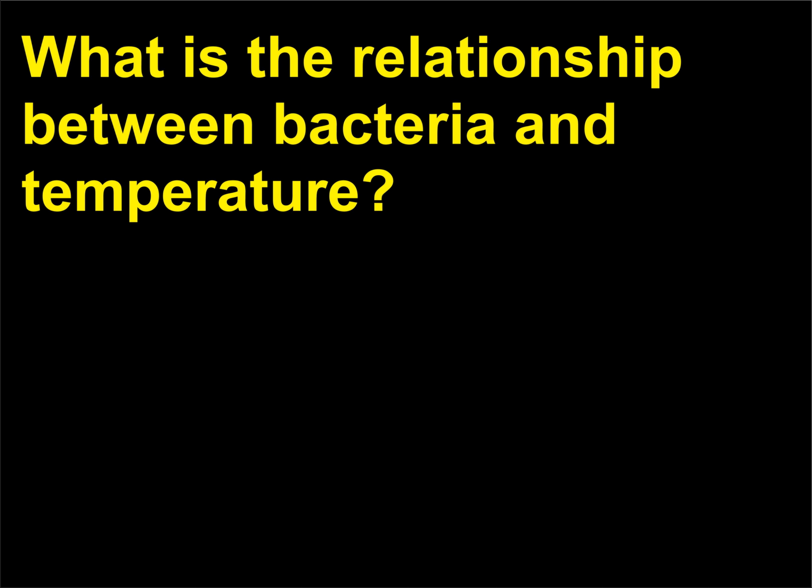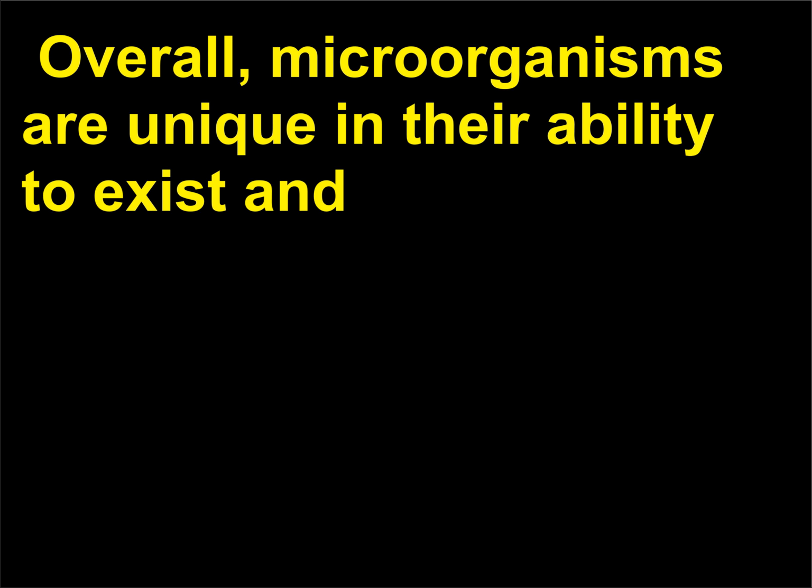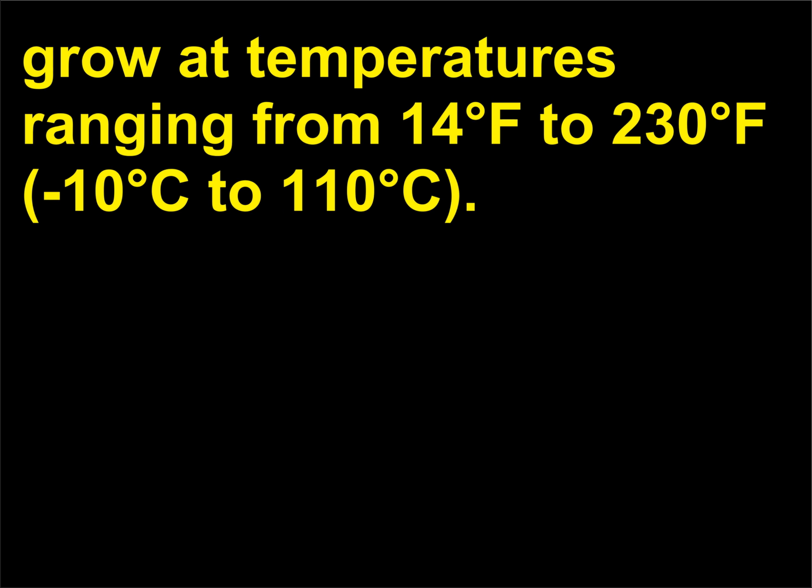What is the relationship between bacteria and temperature? All microorganisms have temperature ranges that determine growth. Overall, microorganisms are unique in their ability to exist and grow at temperatures ranging from 14 degrees Fahrenheit to 230 degrees Fahrenheit, minus 10 degrees Celsius to 110 degrees Celsius.